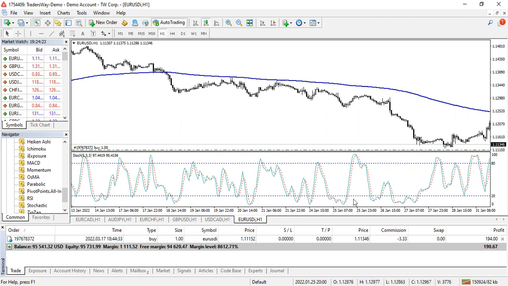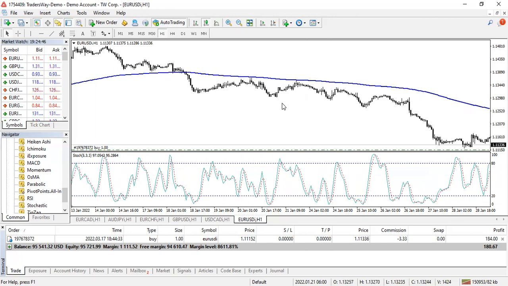When it is below 20, it is oversold, and the only opportunity I'll be looking for at this moment is to buy. But my 200 moving average here is telling me that I cannot go for buy since the 200 moving average is above the market. I hope you understand this particular strategy I want to use to backtest.